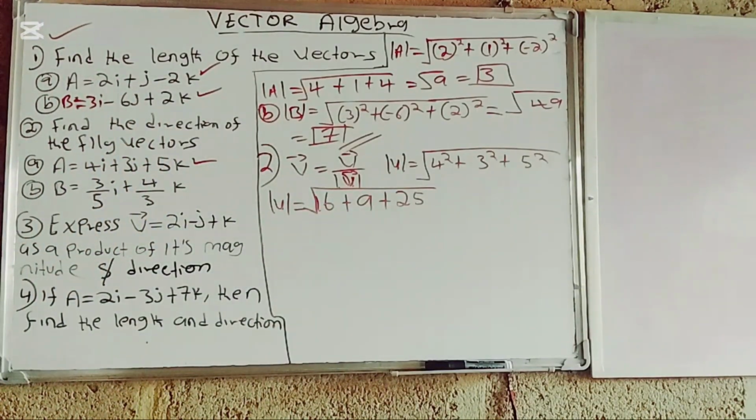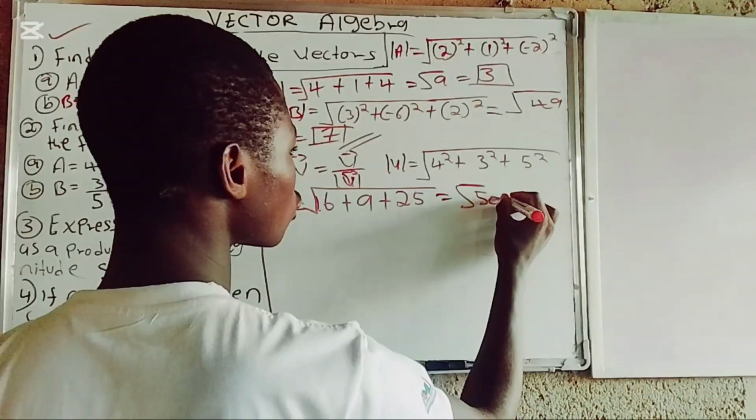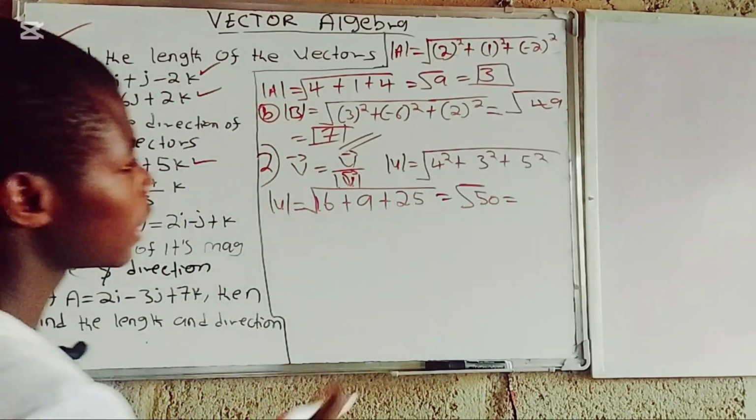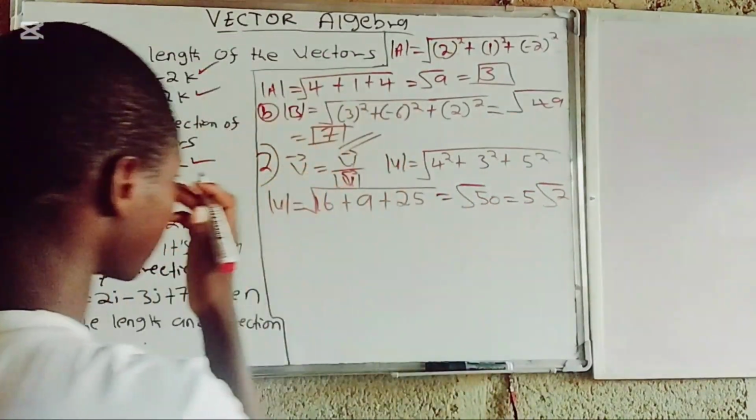So 16 plus 9 plus 25 is the same thing as the root of 50. And in short form, the root of 50 is 5 root of 2. So I'm asked to find the direction.